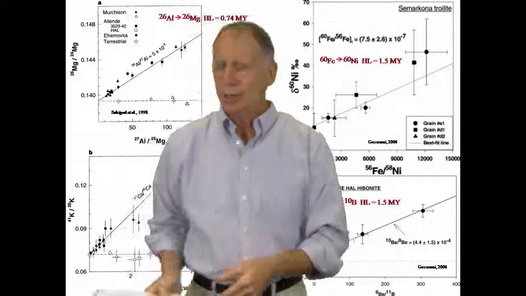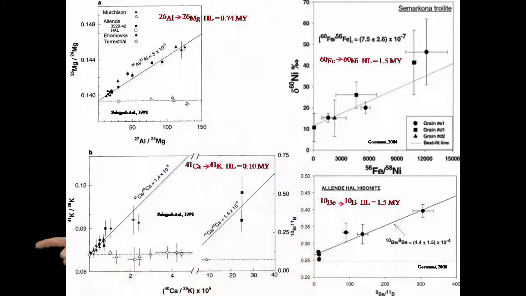And we get these nice correlations, so it almost has to be due to a supernova. Well, I shouldn't say has to, because then you start getting into, okay, we don't want to be dogmatic in science, but it sure looks like a supernova was involved. And it's not just true for aluminum-26, it's true for other isotopes that decay rapidly.